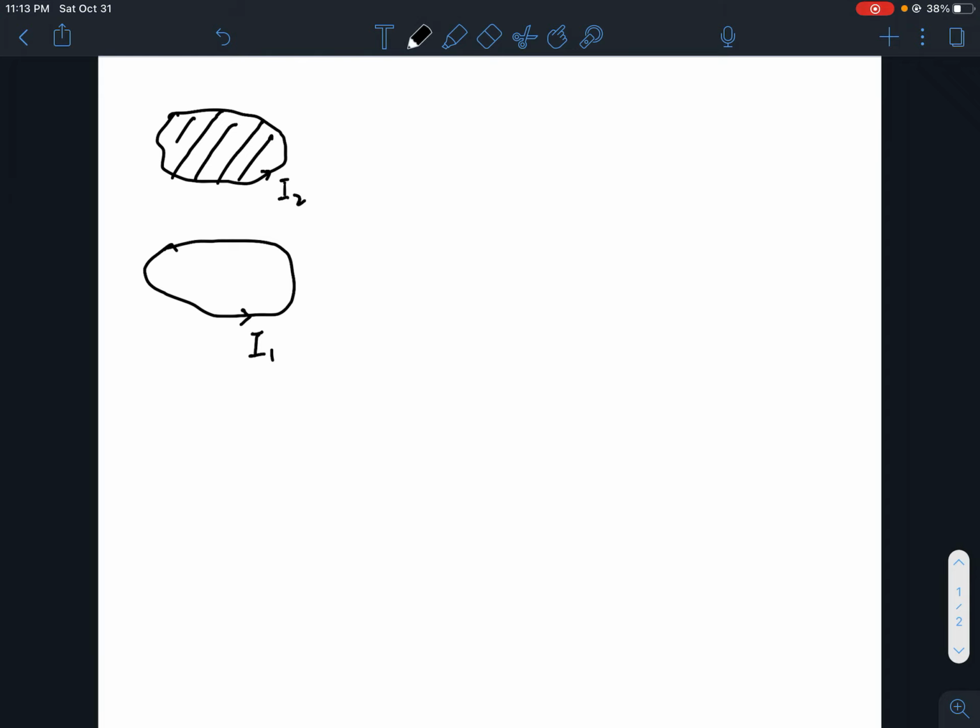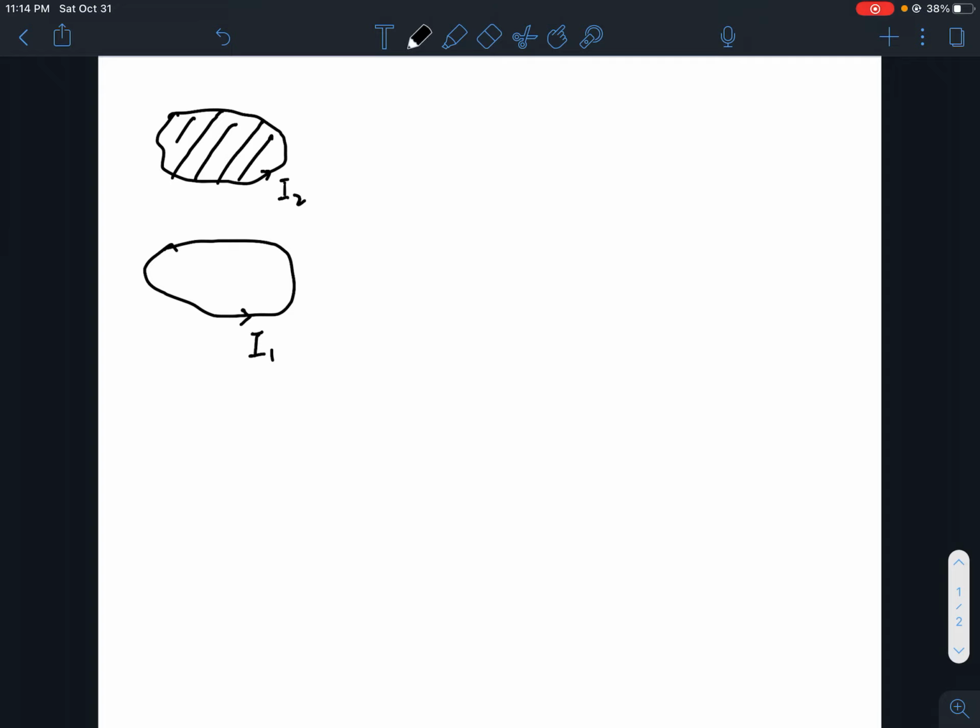this second loop. Here you see that even though there are no direct connections between the two wires, if we change the current I1 in the first loop, there will be current flowing in the second loop.